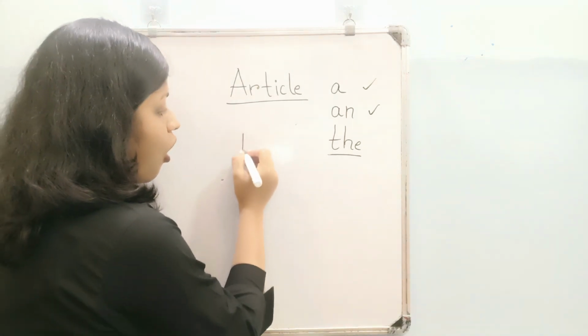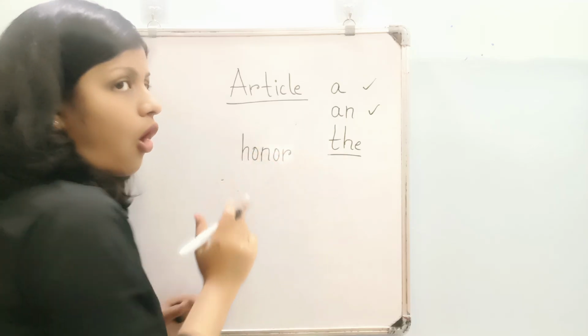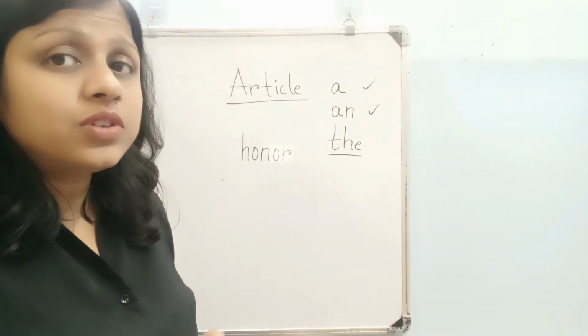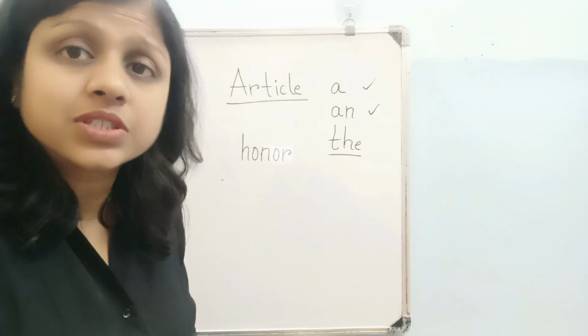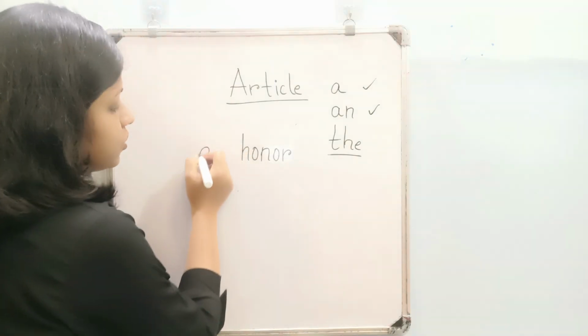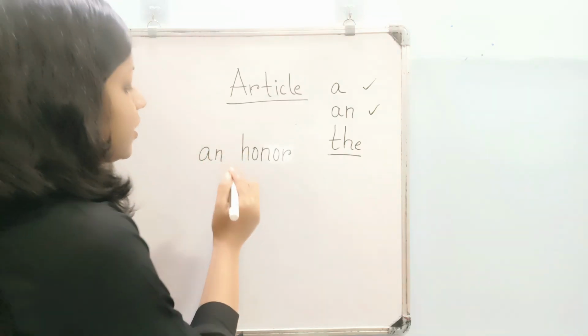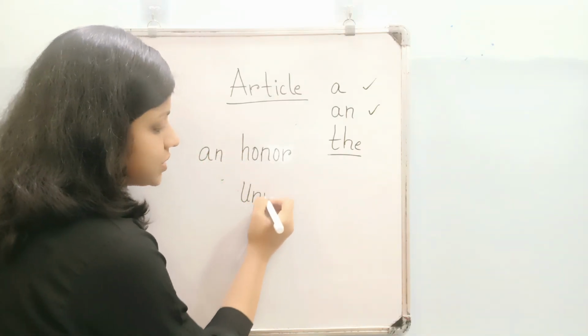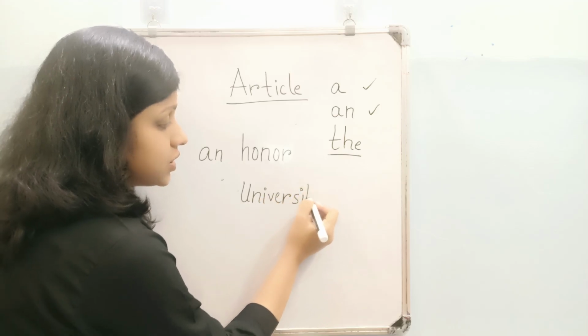Like honor. Which letter sound is coming? Honor. O letter sound is coming, which is a vowel sound. So we will use an honor. Understood, children? Like university. University.